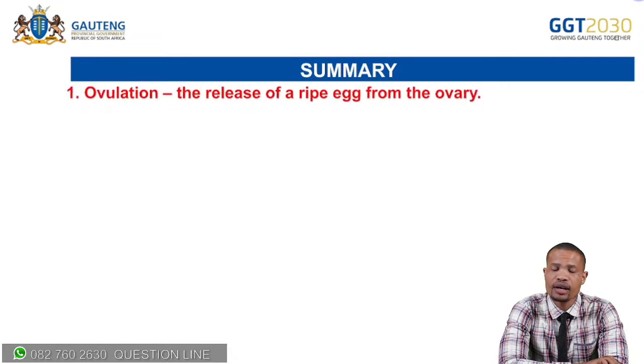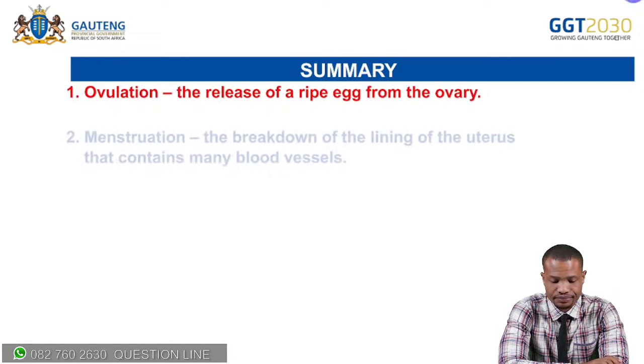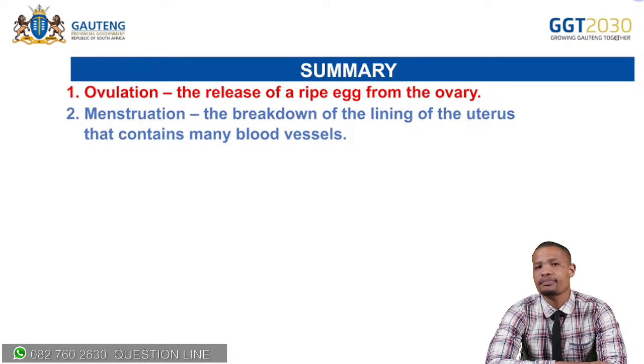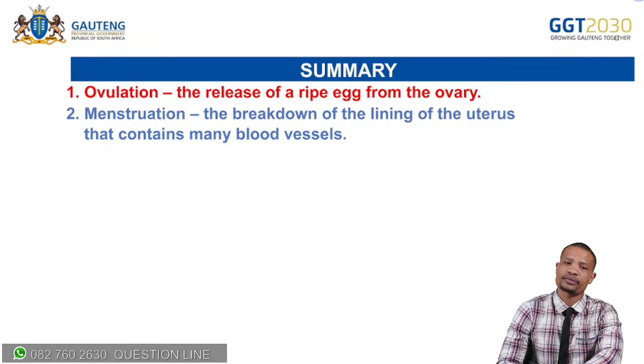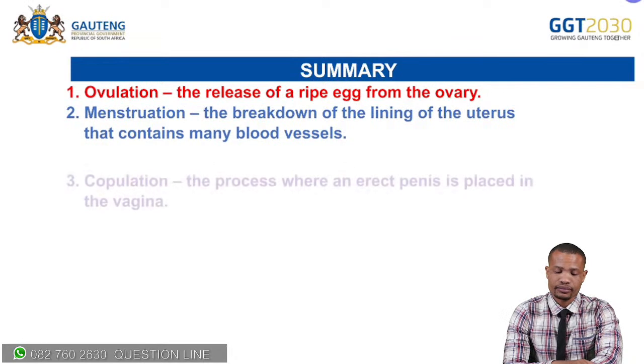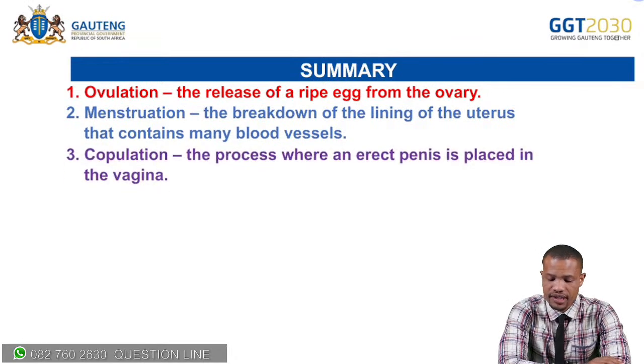We said that ovulation is the release of a ripe egg from the ovary. Menstruation is the breakdown of the lining of the uterus that contains many blood vessels. Okay, and then the next one, copulation is the process where an erect penis is placed inside the vagina.